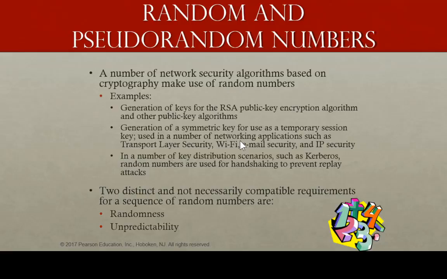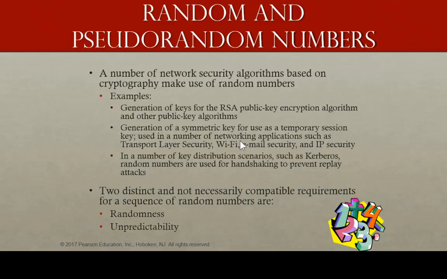This function is used in a number of networking applications, such as transport layer security, Wi-Fi, email, and IP security, which correspond to chapters 5 through 8. In a number of key distribution scenarios, such as Kerberos, chapter 4, random numbers are used for handshaking to prevent replay attacks.